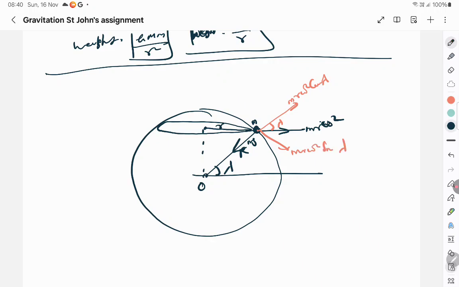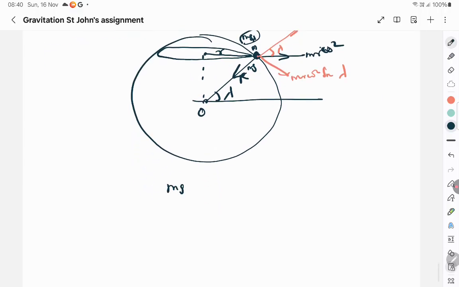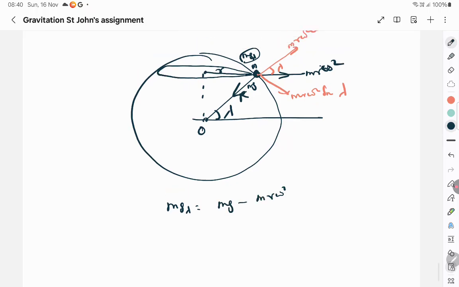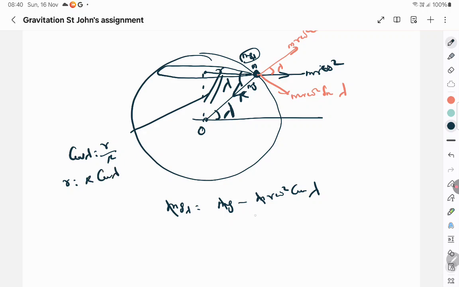And to find m g lambda, gravity on the surface due to latitude, is the net force acting on it, which is the inward force, mg, minus the outward force, which is m r omega square cos lambda. Small m throughout gets cancelled. You can find the interior alternate angle. If this is lambda, this can also be lambda, and hence cos lambda from this triangle is small r by capital R. Small r can be written as capital R into cos lambda.